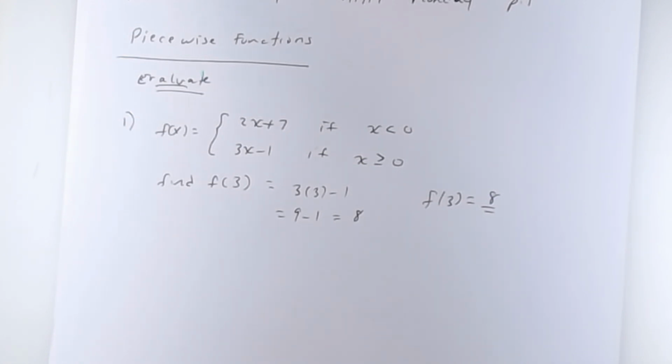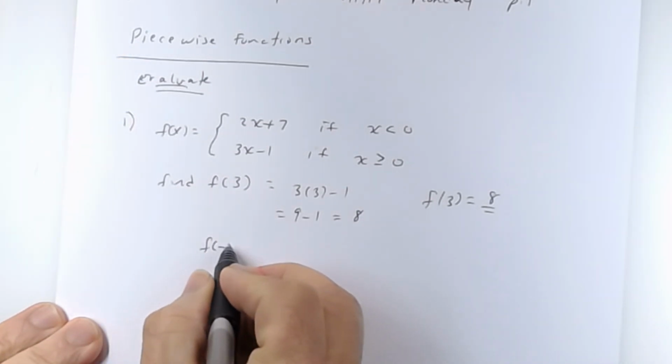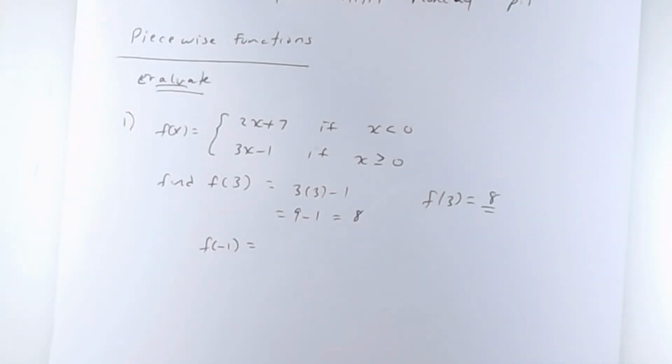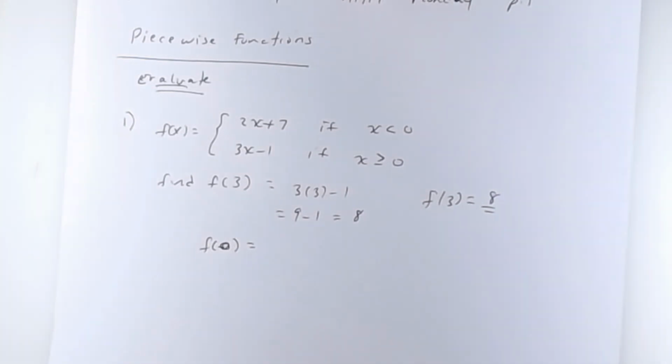All right, the next one. Suppose you want to find f of 0. I'm sorry, I was looking at the wrong one. f of 0. If I want to find f of 0, which part of my two functions has 0 in its domain? The bottom one. Why the bottom one? Because of the equal sign.